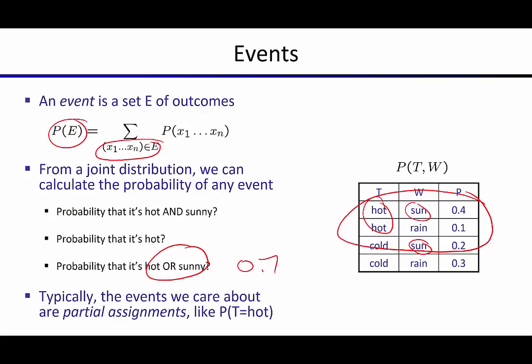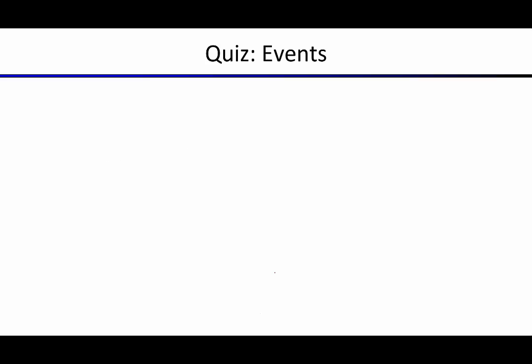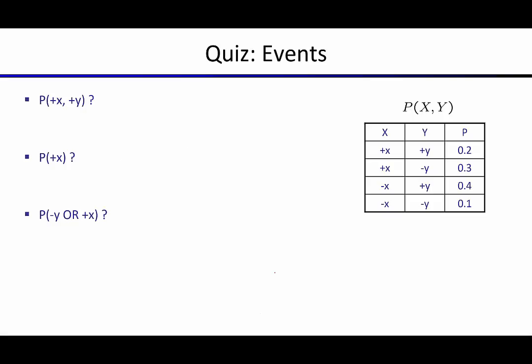Typically what we'll care about is that we'll start with a really large distribution, meaning many, many variables, and the event that we care about will be over a small subset of the variables. Might have a distribution over 100 variables, the event only involves 5 variables. All right, let's look at a few more here. What's the probability of plus x and plus y? Here's 0.2, indeed, because this is the corresponding row.